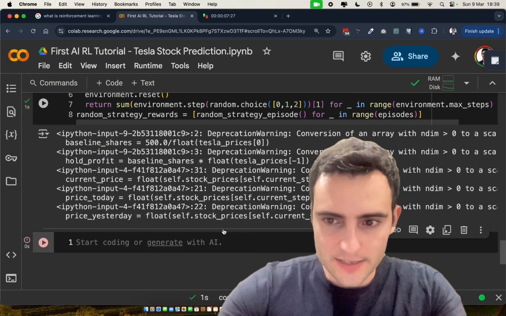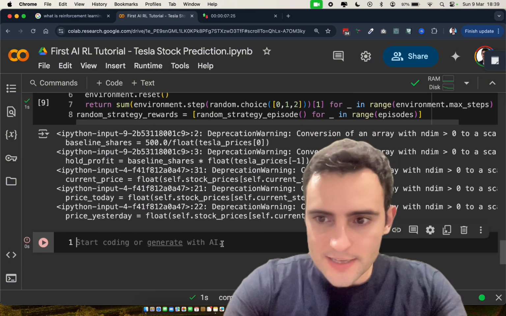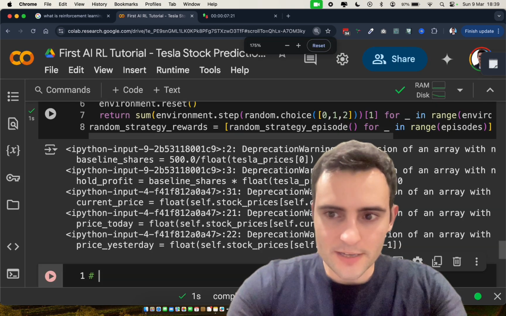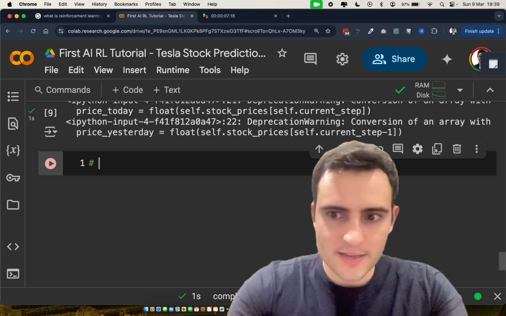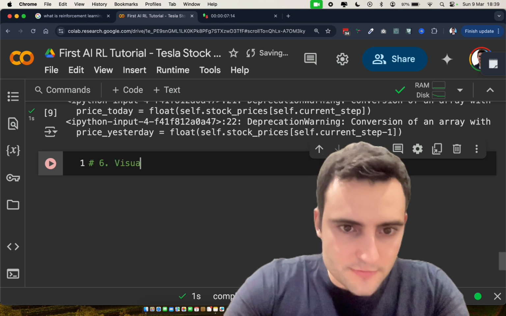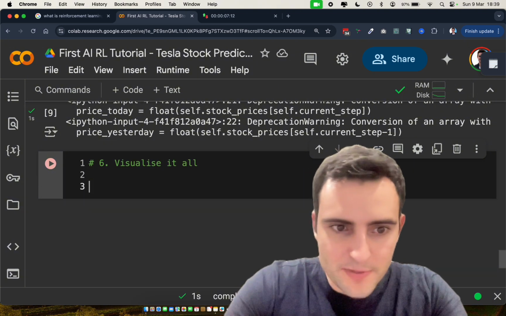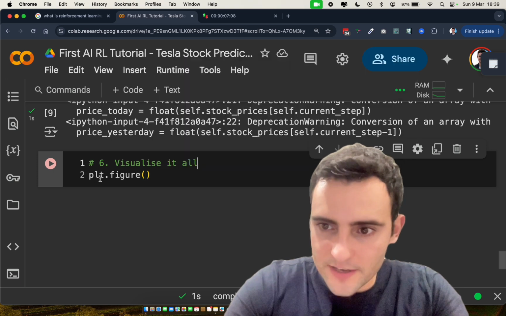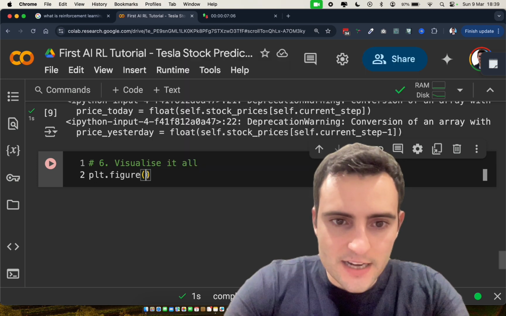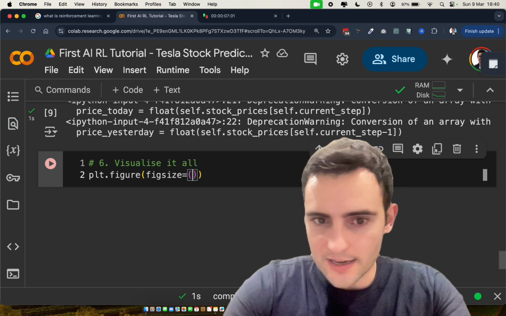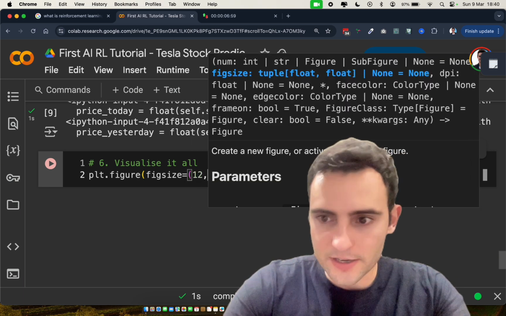It's run it fully. And the last thing I'm going to do is plot all of this. I'm just going to zoom here, and I'm going to write 6, and the final step is let's visualize it all, right? So if I do here plt.figure, this is what we use to plot. We do plt.figure and then figsize, which is the size of the graph that we're going to use.